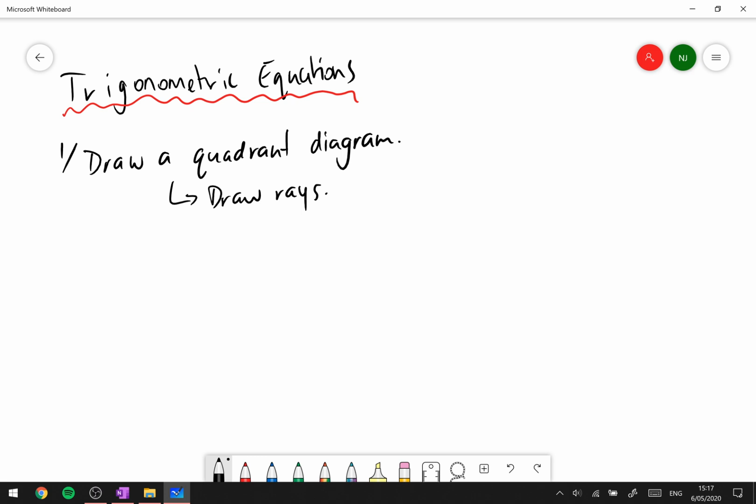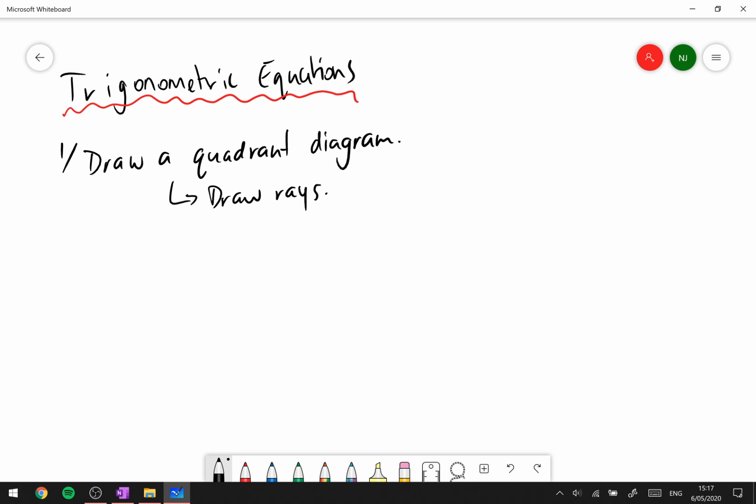If you're dealing with a positive one, then you're only going to be putting rays in the positive quadrants. If you're dealing with a negative one, then you're only going to be dealing with the negative quadrants. It's really important you draw that, otherwise you might put in too many answers or not enough.